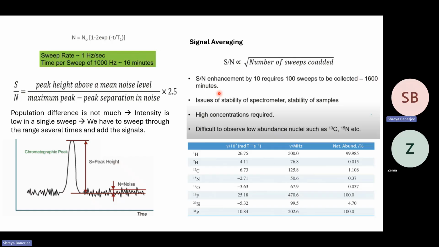And that is a huge amount of time. We cannot use that much time for one spectra. Other than that, this is the continuous wave spectra that we are talking about. Other point is that if we are taking 1600 minutes, the sample may not be stable for that long, or the spectrometer may not be able to maintain a uniform magnetic field for that long.